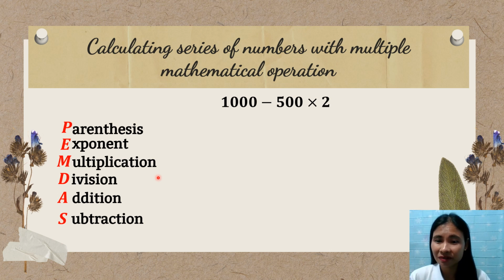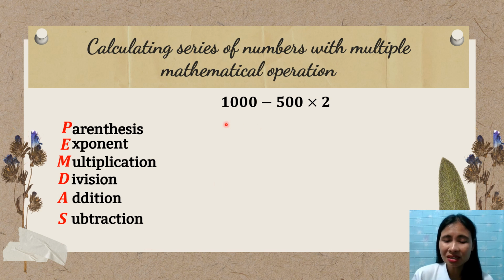Whichever comes first from left to right is the operation you use to start. The same goes for addition and subtraction. Whatever comes first, you perform that operation. But always start with multiplication or division, then addition or subtraction, which means in a series of operations, addition or subtraction comes last.